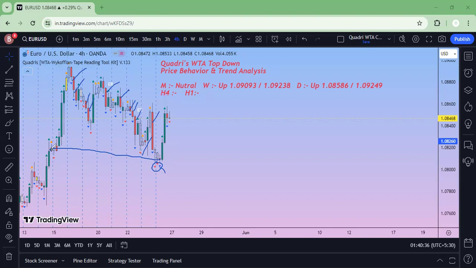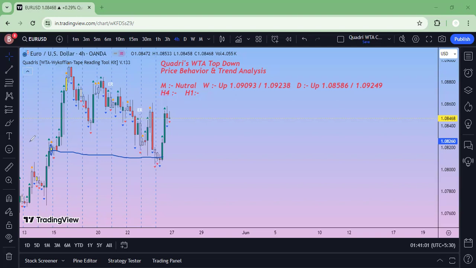So if price holds above, as we have bounced back from this particular candle, a particular price. It's not a candle, it's a particular tape or particular 4 hour transaction taken place within this duration.